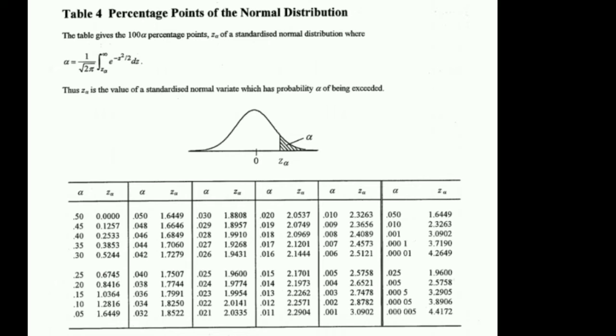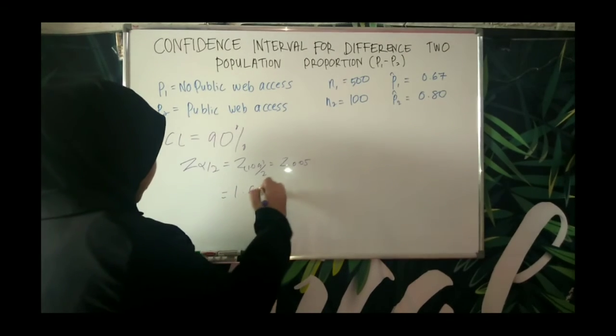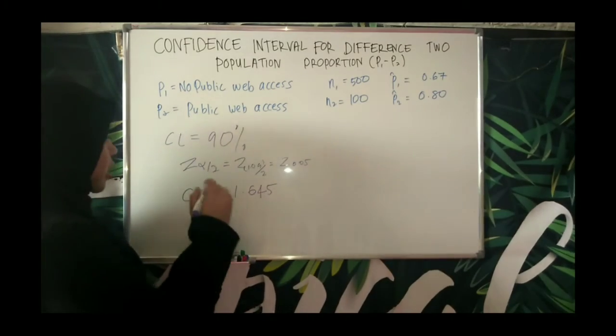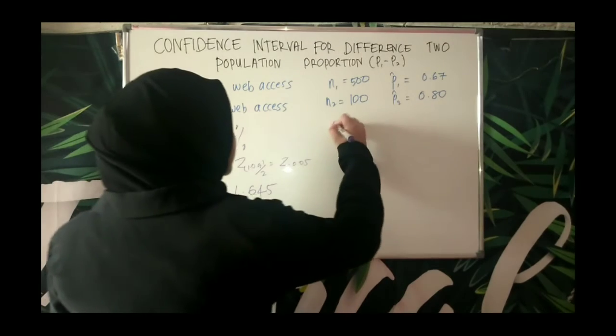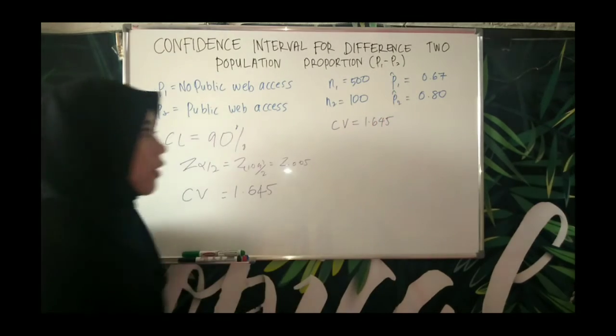To find the critical value using this table, we find where alpha is equal to 0.05. So here is 0.05, and we get 1.645. Our critical value is equal to 1.645.